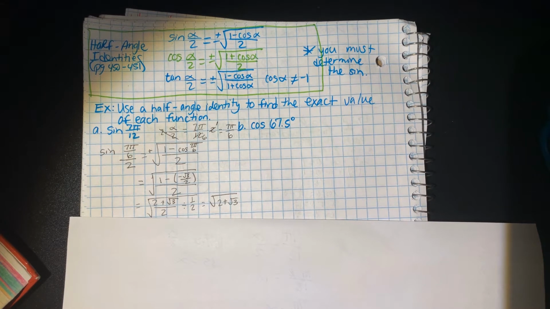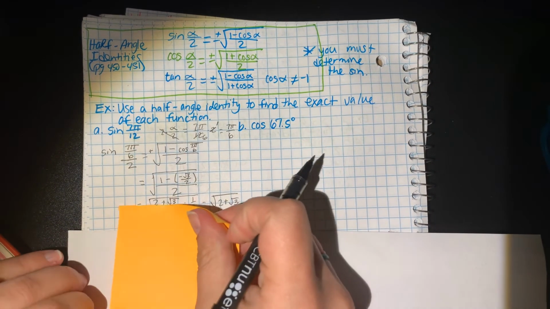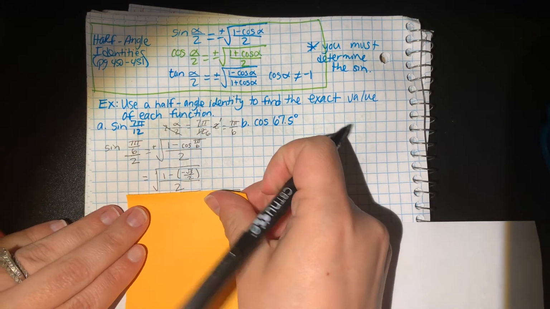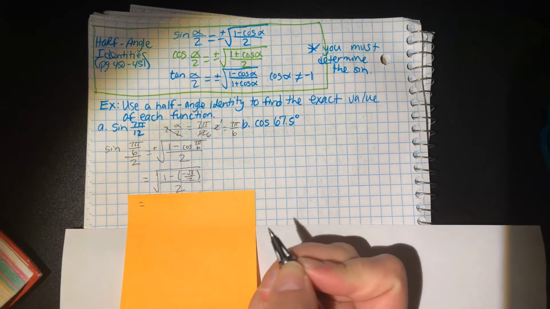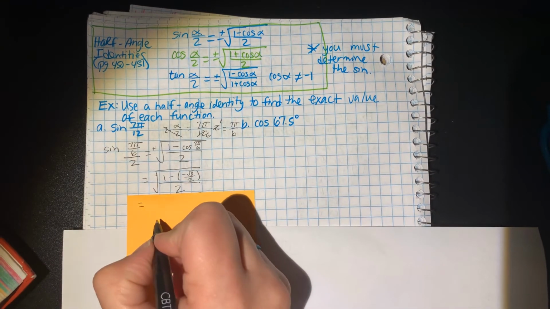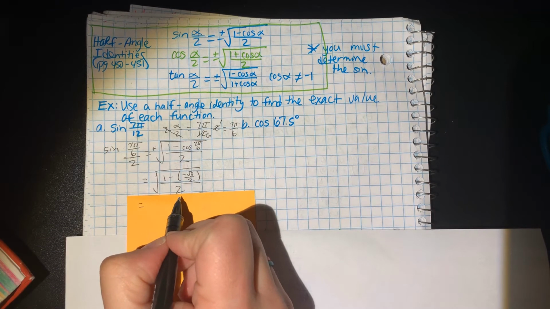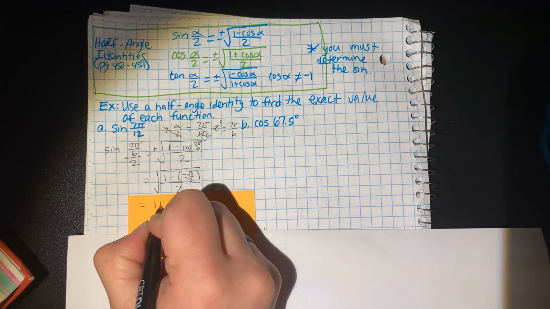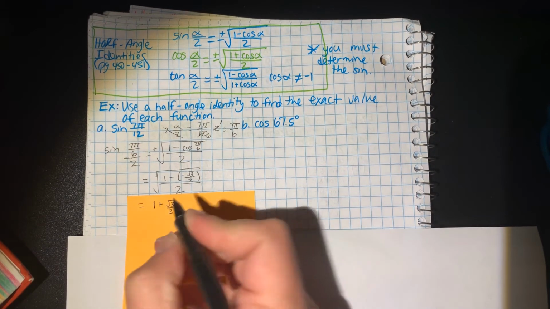All right, I love filming and I hate filming because sometimes when I make a mistake, I can't erase it because I have to use a pen because you can't see it. Okay, so equals, let's try it again. So we have 1 plus the square root of 3 over 2.